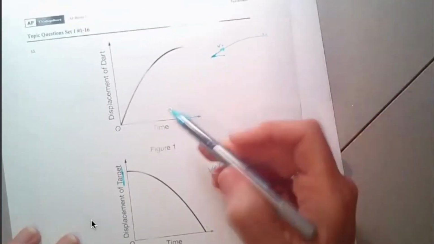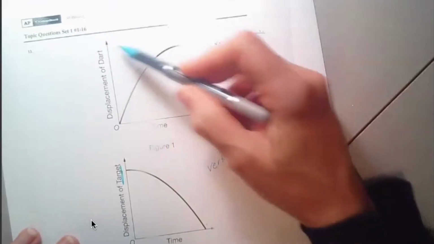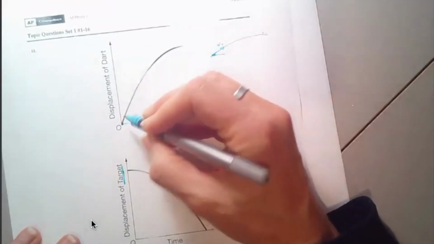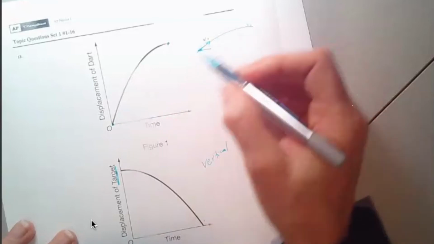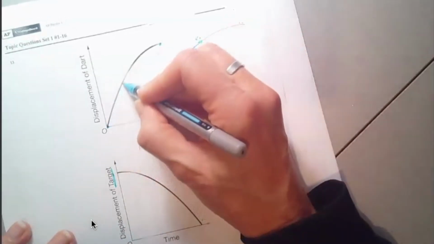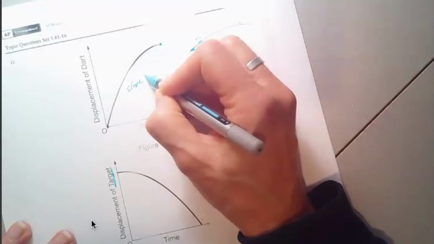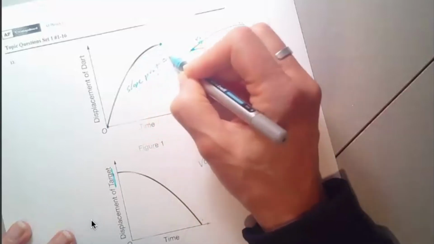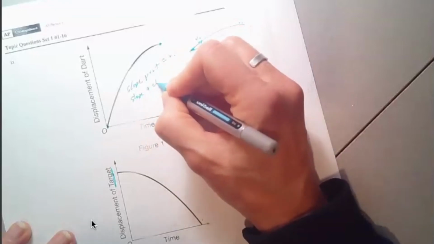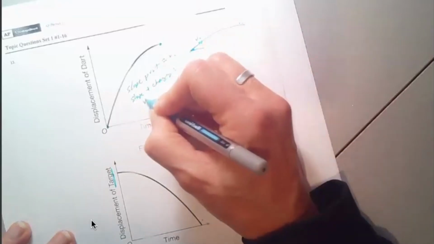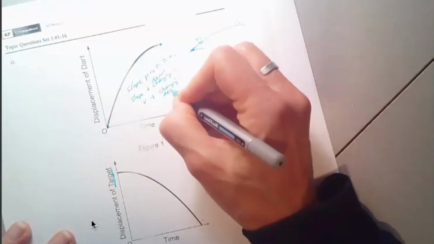Then we look at the dart. Here we've got a position starting at 0 and ending with a positive displacement. But it's not only a positive displacement, it's a changing velocity, because the slope of a position-time graph is your velocity and the slope is changing. It's positive and changing, and it's actually slowing down, so we're decreasing our velocity.